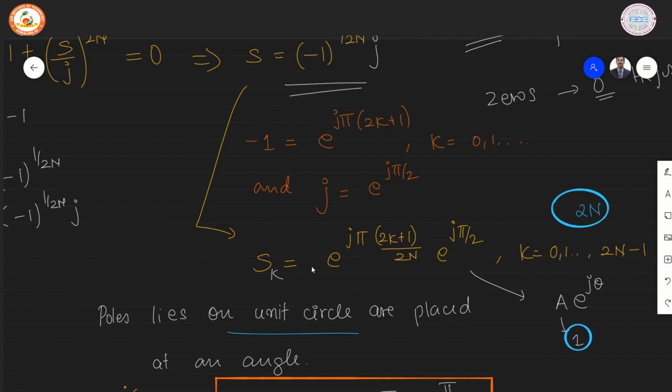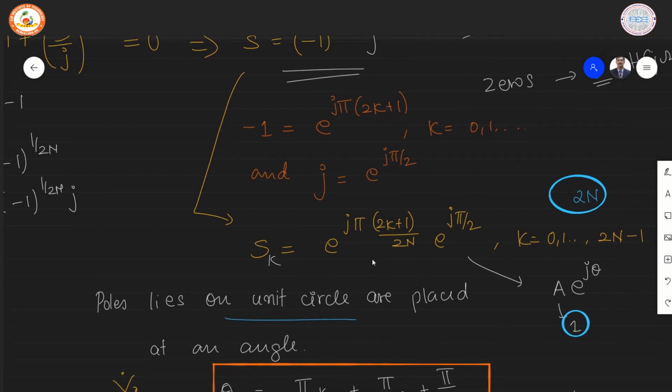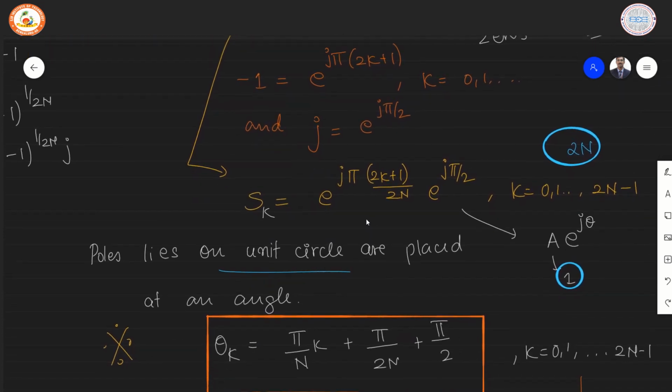From the above expression, we can observe that the coefficient of e is 1, or the magnitude is 1. Therefore, we can conclude that all the points will lie on a circle of radius 1. The circle of radius 1 is called the unit circle. Hence, the poles of a Butterworth filter will always lie on the unit circle.